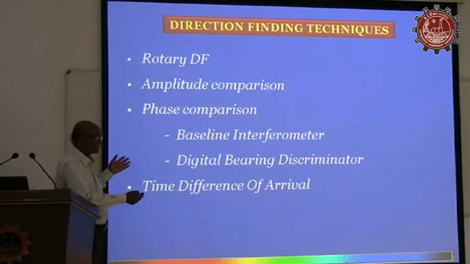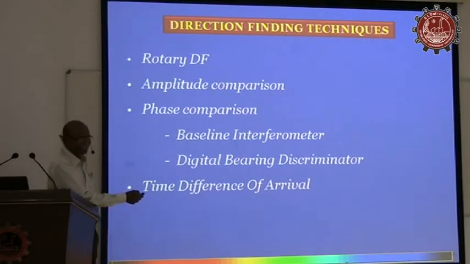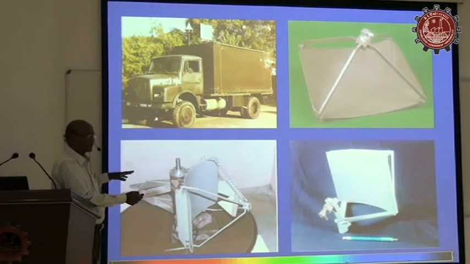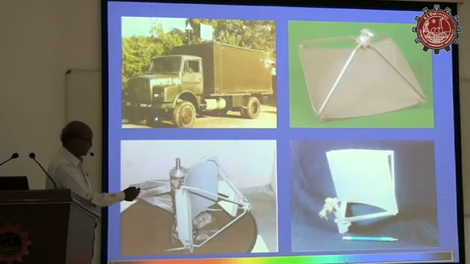So these are the various direction finding techniques. I think I'm losing time. Whatever elements we have developed so far, now we are confident to realize different DF systems and implement them on various platforms. This is a rotary DF antenna covering 0.8 to 40.